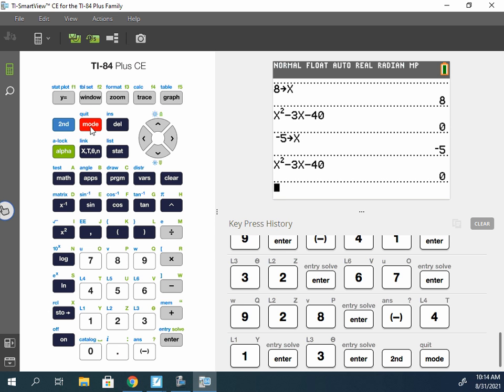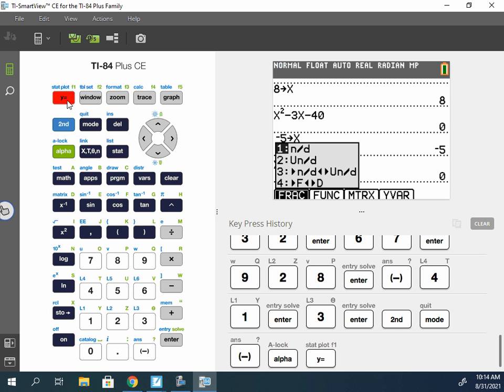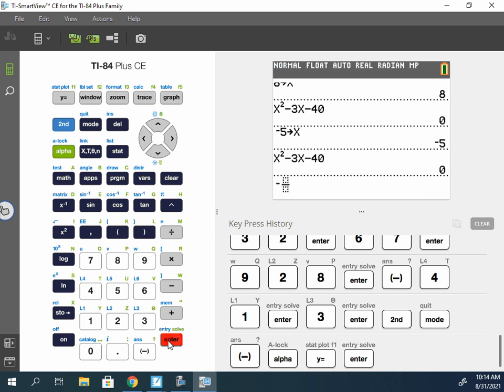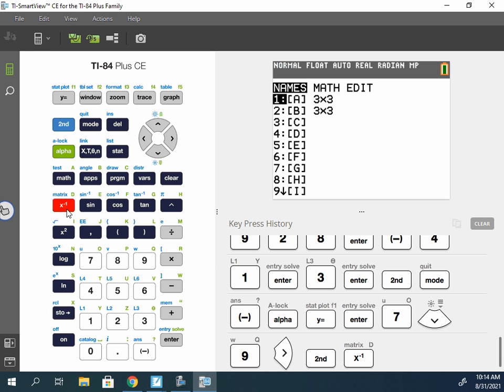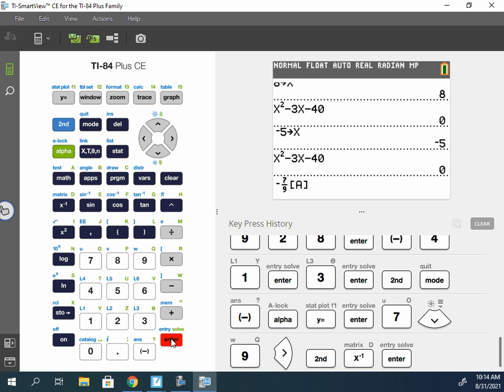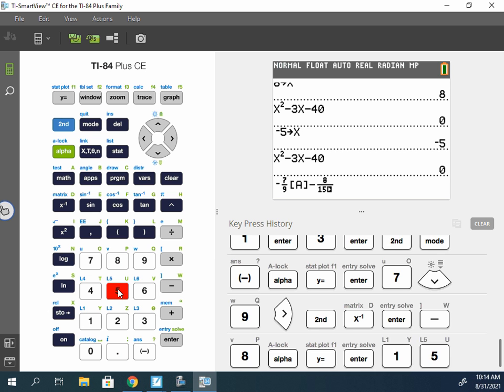Now, we want to multiply the first one we plugged in by what? Negative 7 ninths, yes? Well, I can go negative, alpha y equals, enter, and it'll give me a fraction. And I can say 7 over 9. And then if I go second matrix and then hit enter next to A, I'm telling the calculator to take negative 7/9 and multiply by matrix A. And then what are we subtracting from it? 8 alpha y equals, enter, 15.